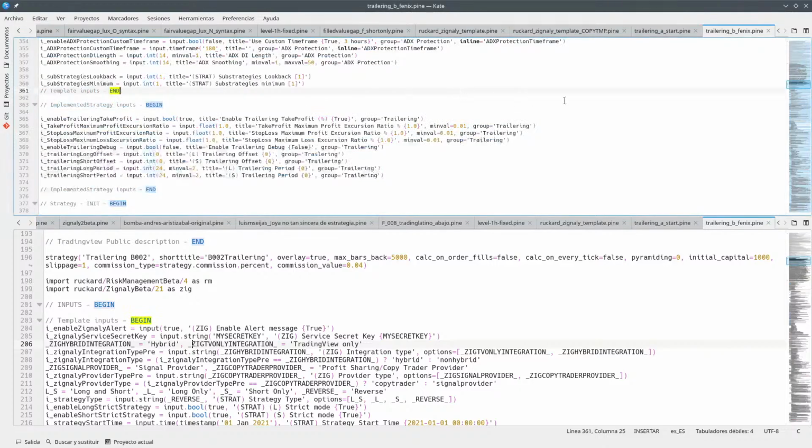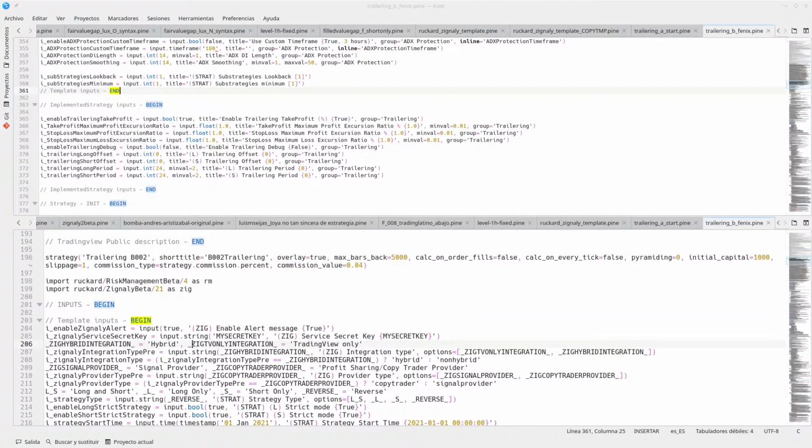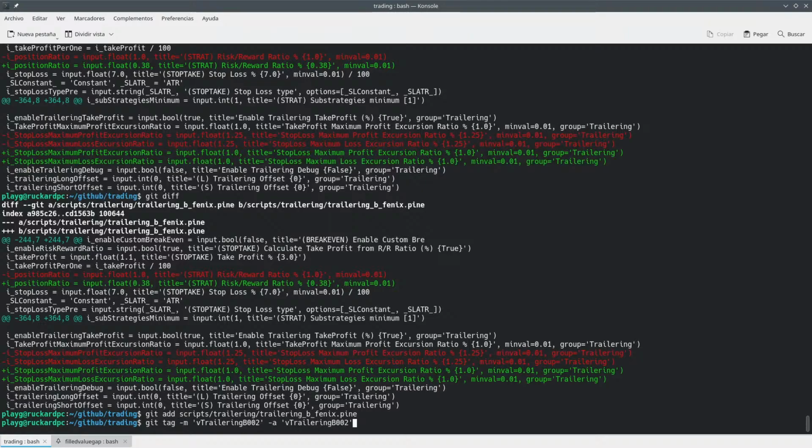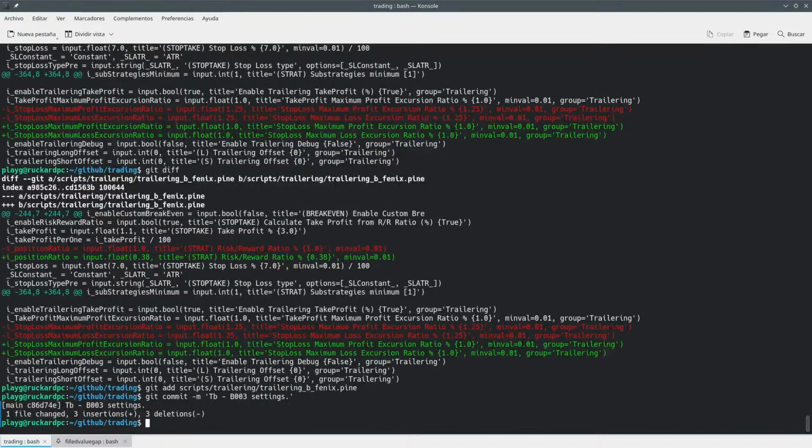Okay, so this is B2, so we're going to say that this is B3 settings, and that's it. So this is B settings, B30 settings, which I don't like to match, but that's what it is.